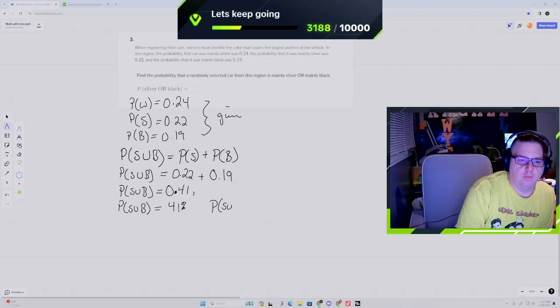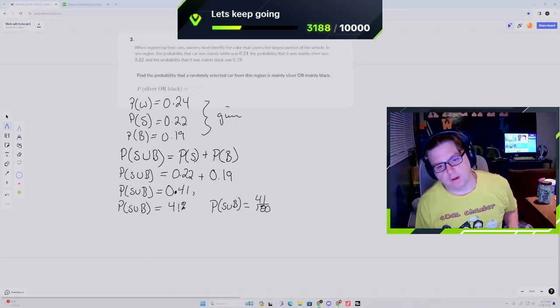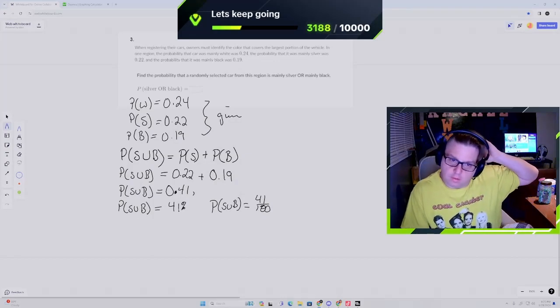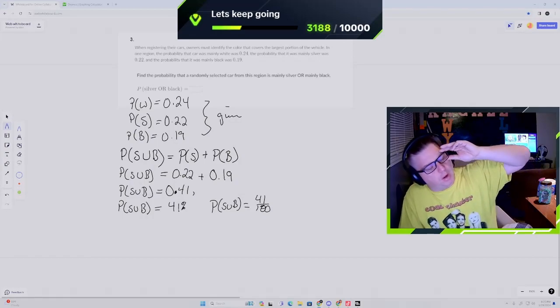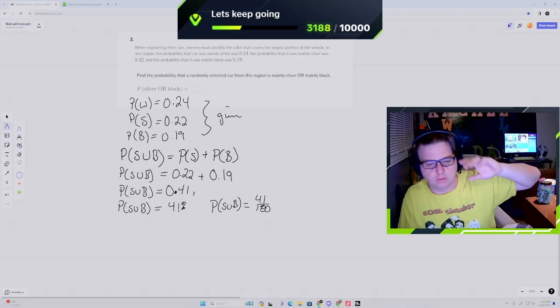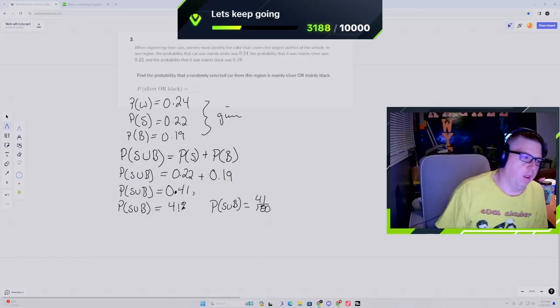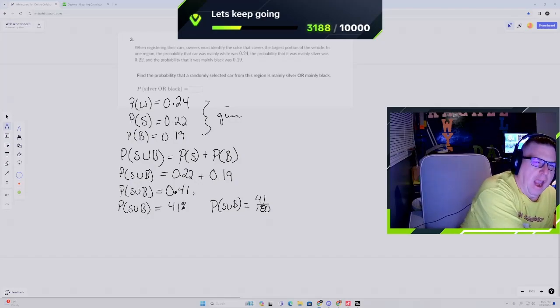And then if we put it over 100, 41 over 100 is the final answer. And when you think of 41, it's a prime number, so it can't really be broken down. So I know 100 is not going to be. It's going to stay at 41 over 100.